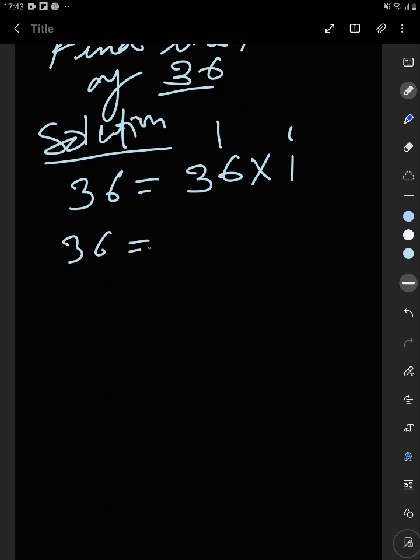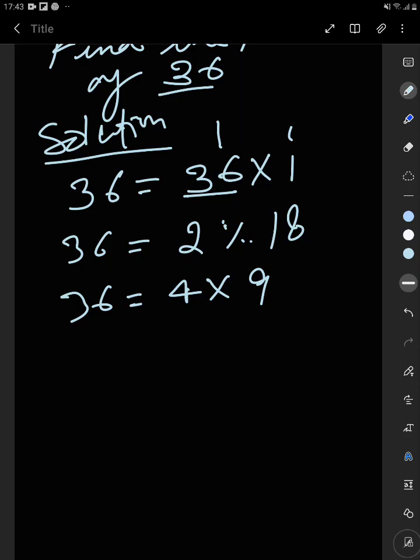Let's find another one. Let's take 2, and 2 multiplied by 18. Again, 36 is equal to 4 multiplied by 9. Another factor pair is 6 multiplied by 6.